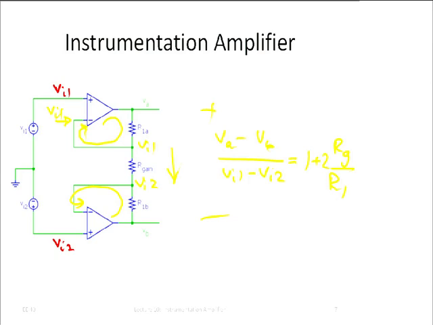So the trick simply was to figure out what's the voltage here, and that was easy because there was negative feedback. And we know these two voltages, figure out the current, and now we know what is VA minus VB. And once we have that, we divide by VI1 minus VI2. Okay? Very simple. I didn't show all the equations, but if you paid attention, then you can write them down yourselves now, and you will get this result.